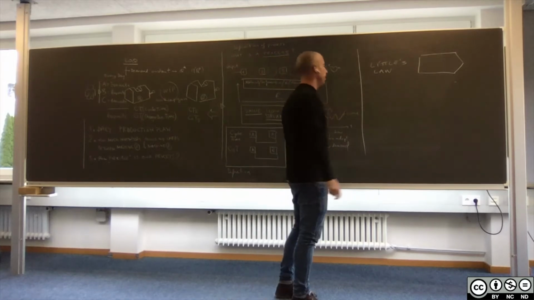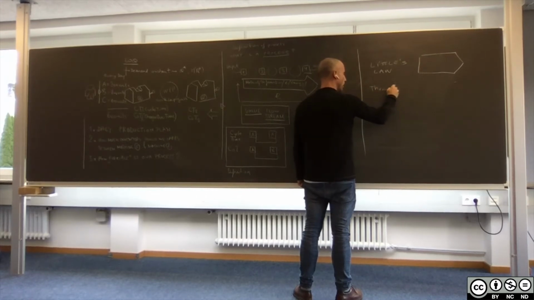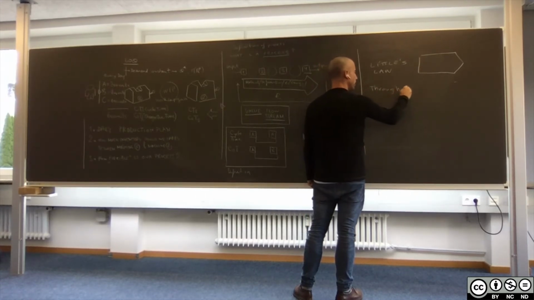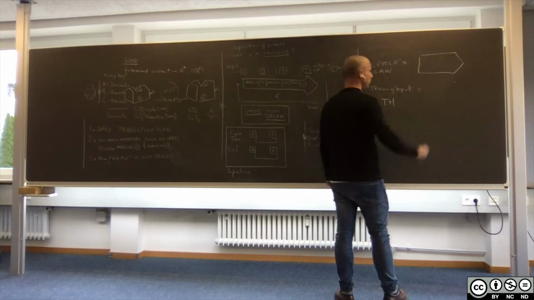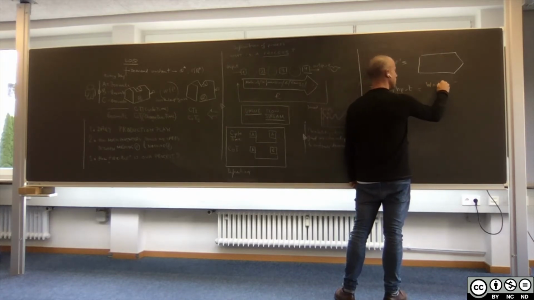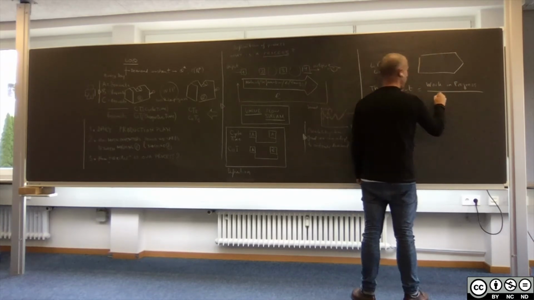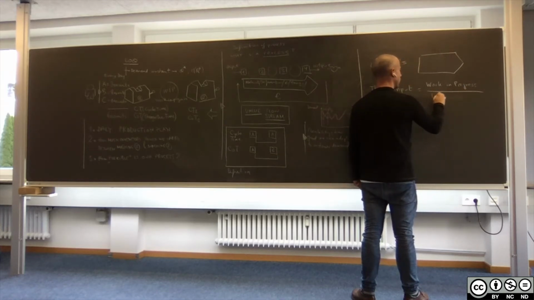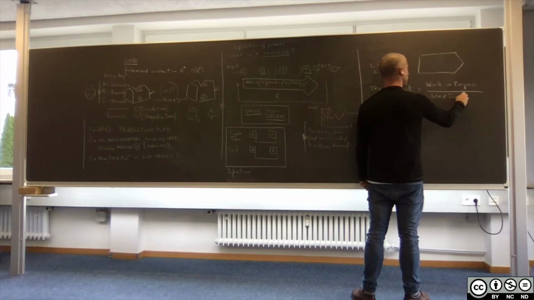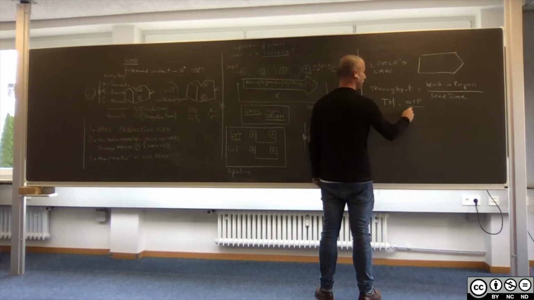And this law says that throughput, TH, equals work in progress divided by lead time. Throughput is WIP divided by lead time.